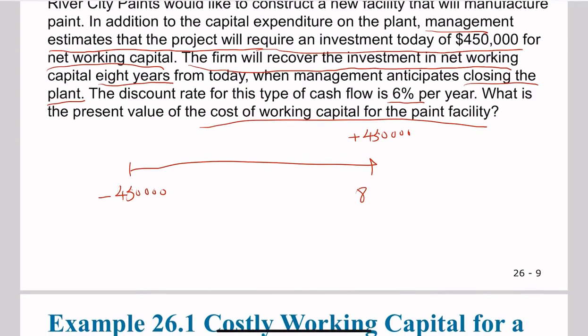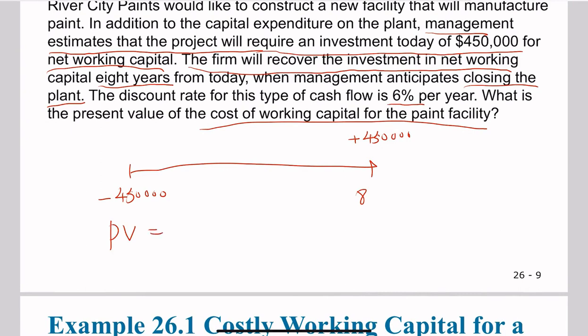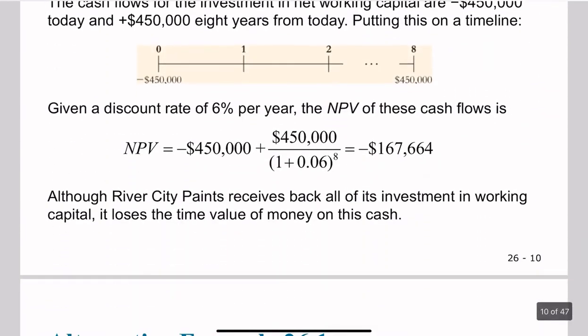So basically you can see that the present value would be the cash outflow plus the discounted value of the cash inflow. And this will happen in 8 years. Right? So this will give us something which is definitely smaller than 0.